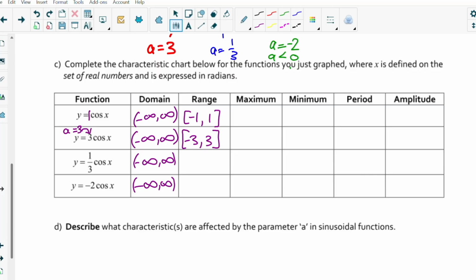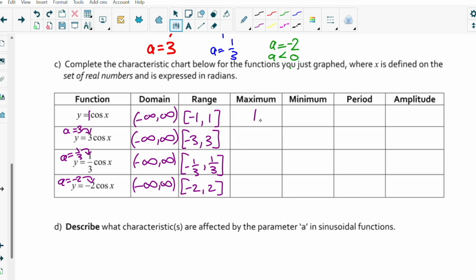And that should make sense with our amplitude being equal to 3. We'll go over that amplitude and how it relates. An a value of 1/3 gives negative 1/3 to positive 1/3 for our range. And an a value of negative 2 gives negative 2 to positive 2.